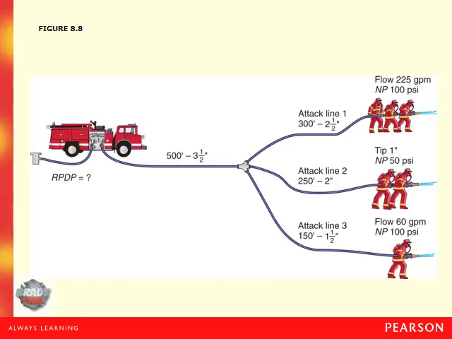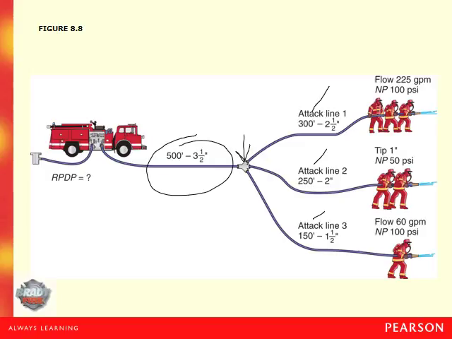Okay, so we already figured out the friction loss for these 3 lines here. So now all we got to do is figure out how much water is coming through here, and if it's over that 350, we're going to have to add that 10 for our appliance, or Y, for friction loss.